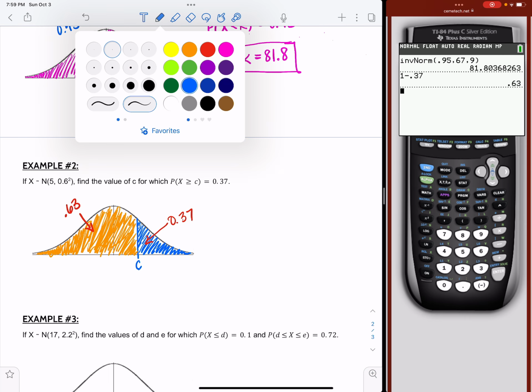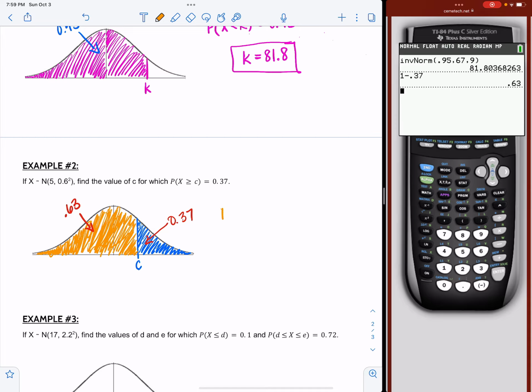So I am going to write it as the probability that X is less than or equal to C is equal to 0.63. Because remember, it only calculates less than. So when I do that, second vars, I go to number 3.